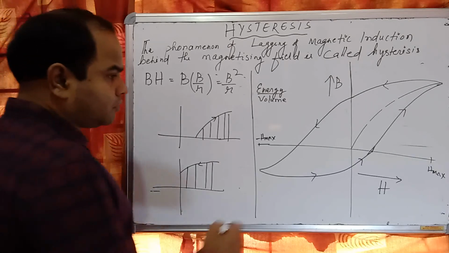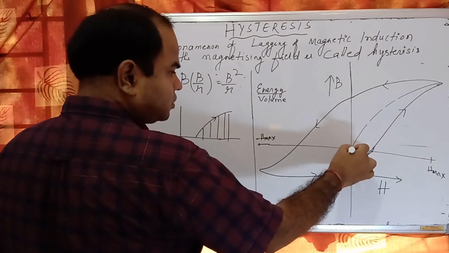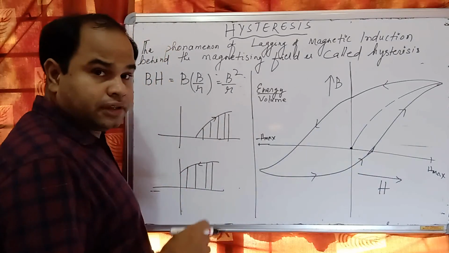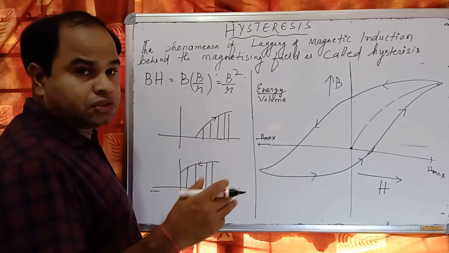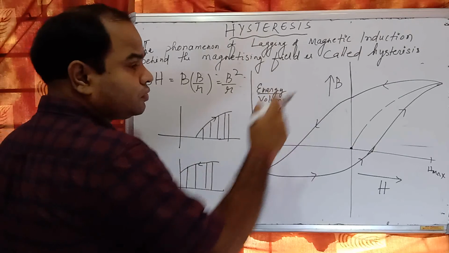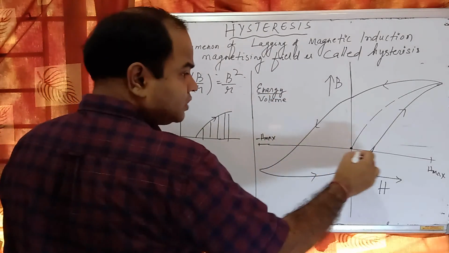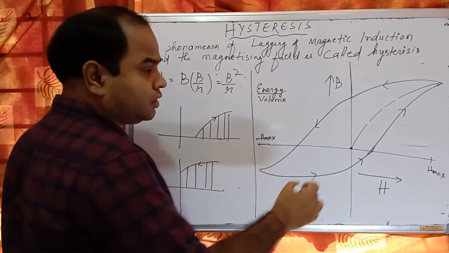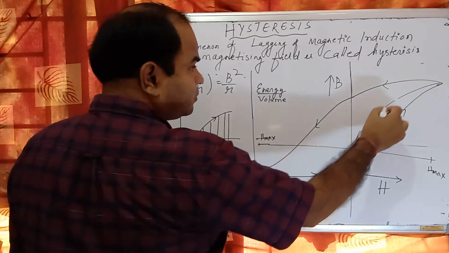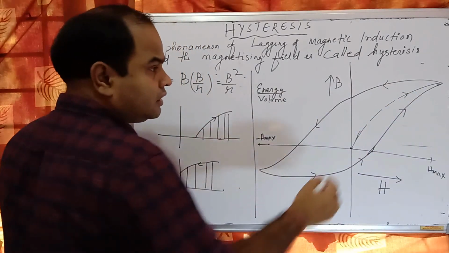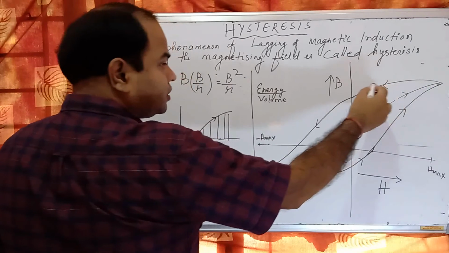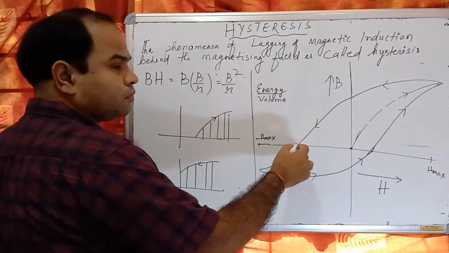Magnetization: let us say this is the substance, at 0, or when H is 0, B is also equal to 0. So when H increases, B also increases. So this is magnetization. Then this is demagnetization till this point.